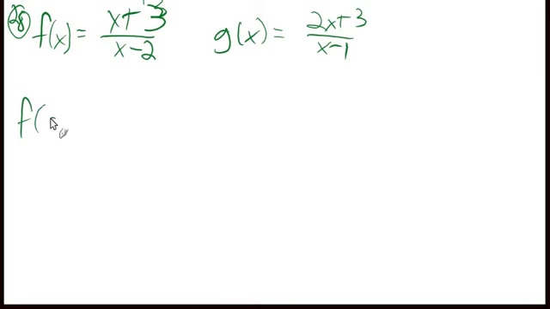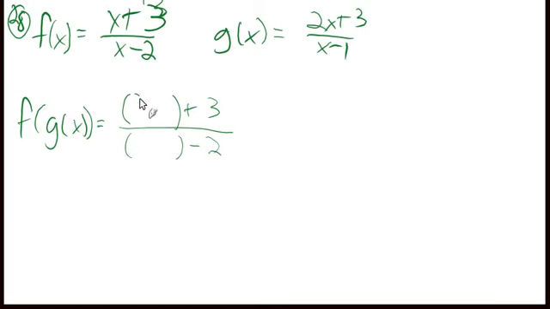So f of g of x is going to be x plus 3 over x minus 2, and here's what's going in place of x, that's g of x. And we make that substitution again.